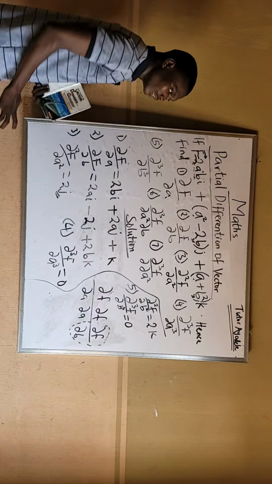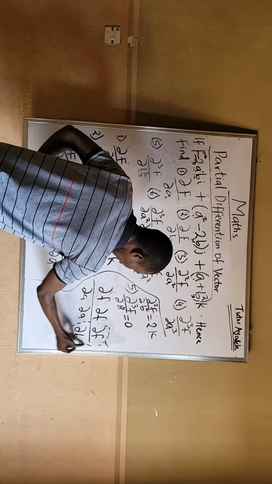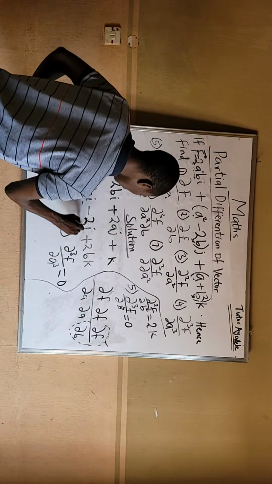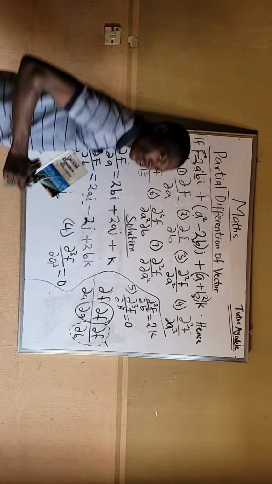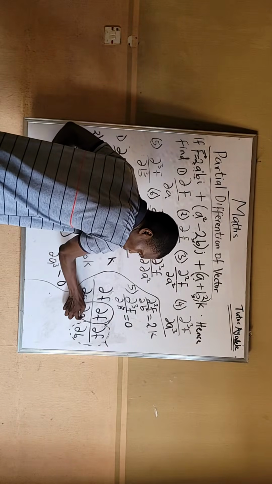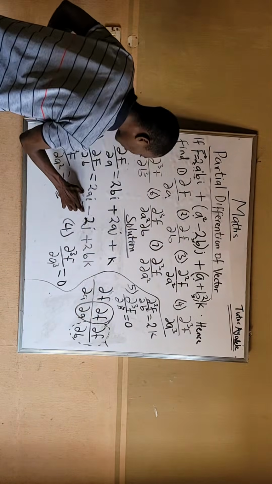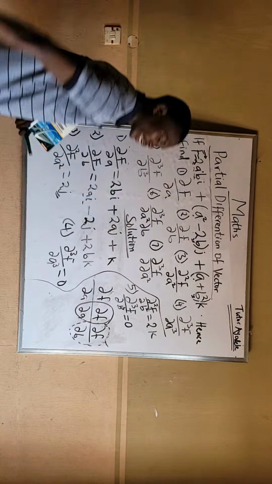We have done it before. Now this one has already gone. So the next thing is whatever we have here, which is this. We will then differentiate it with respect to a for the second time. Now the second derivative now is no longer in terms of b, it is in terms of a. So from what we have here, we differentiate it for the second time in terms of a.